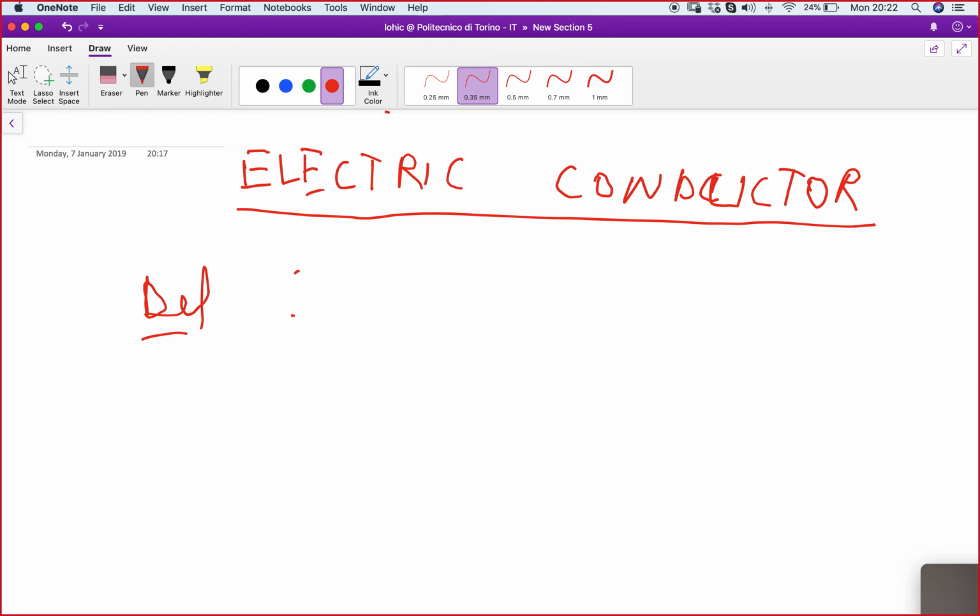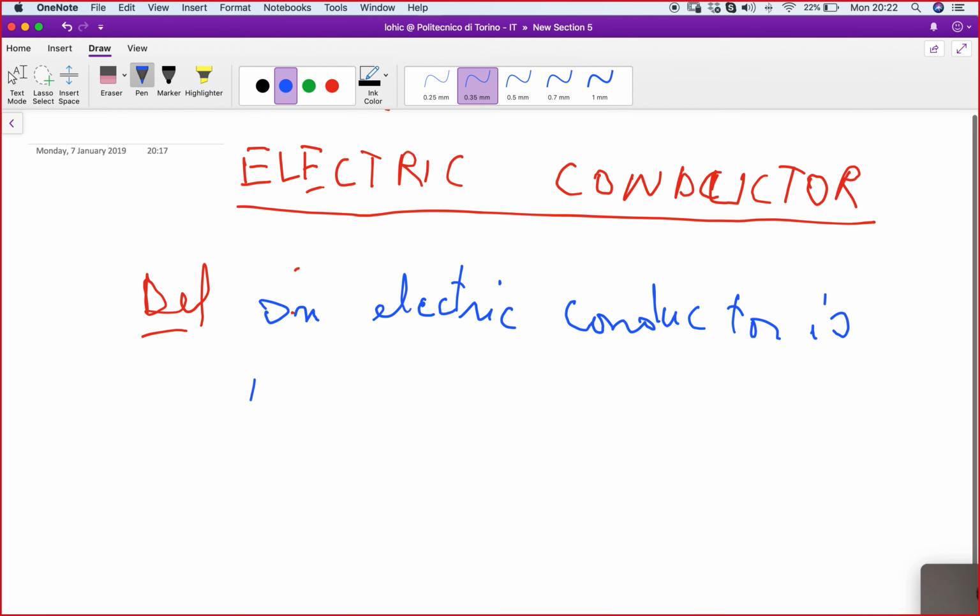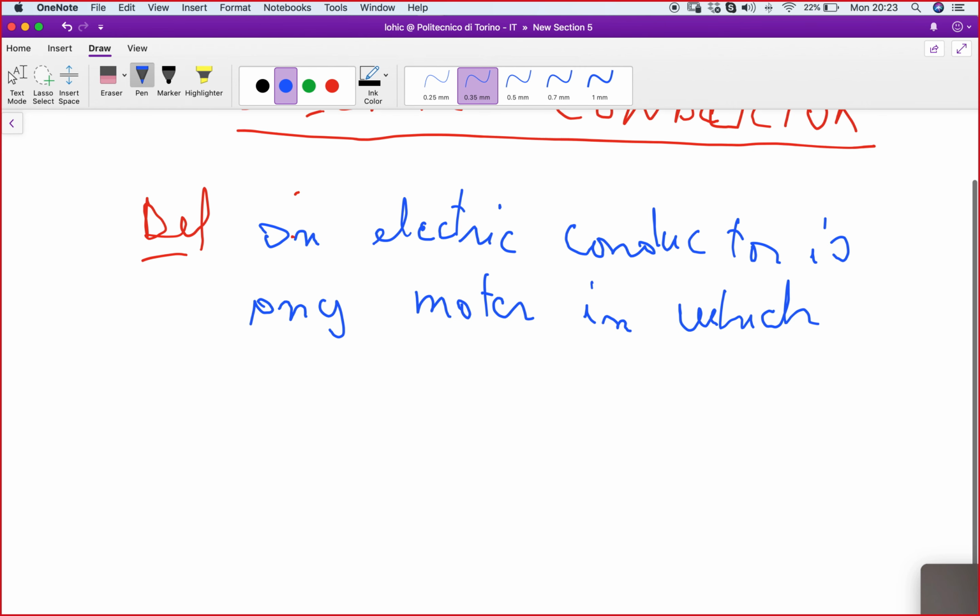An electric conductor is any matter or any solid in which the charges are free to move.